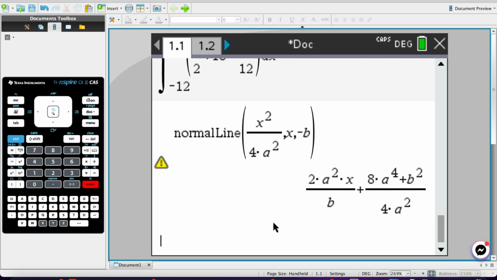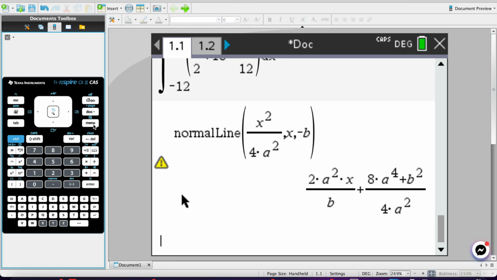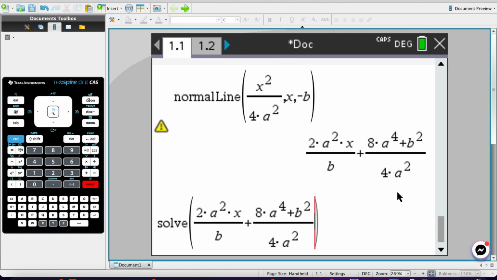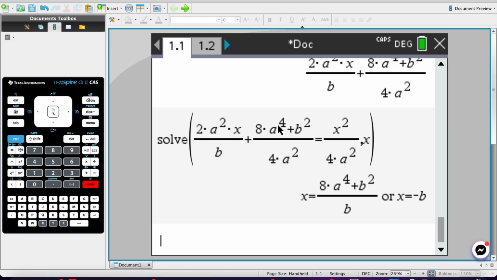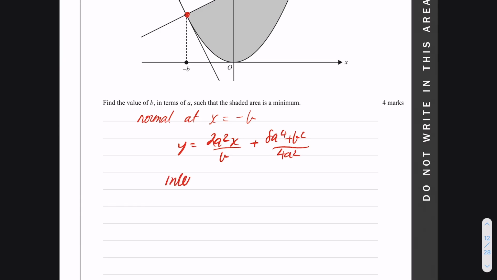And then we want the intersection. So menu 3(1), we want the intersection between this line here and that function, comma x. We get that -b that we knew about and that 8a whatever, plus b squared over b, and then that -b.